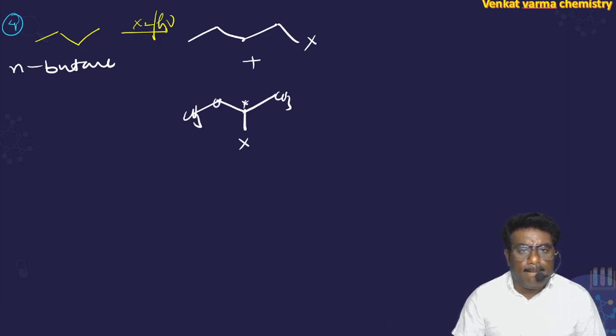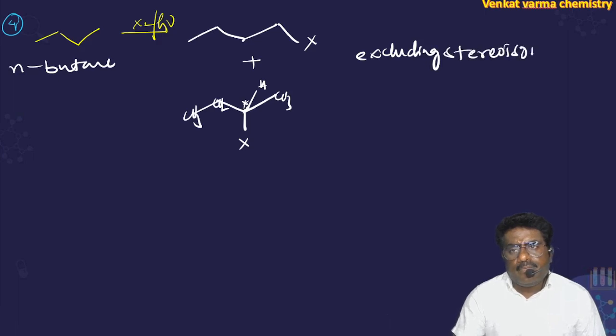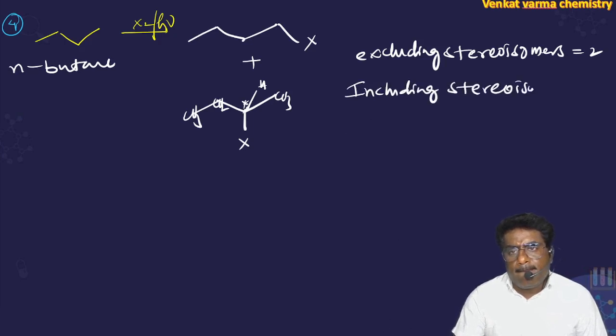Chiral center. Excluding stereoisomers, including stereoisomers are 3. A chiral center forms 2 isomers.